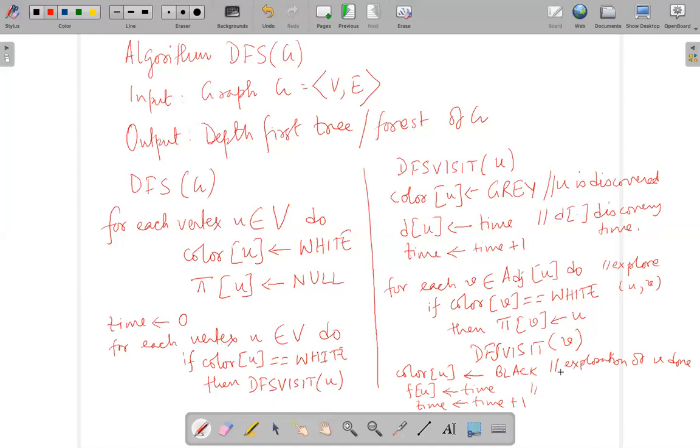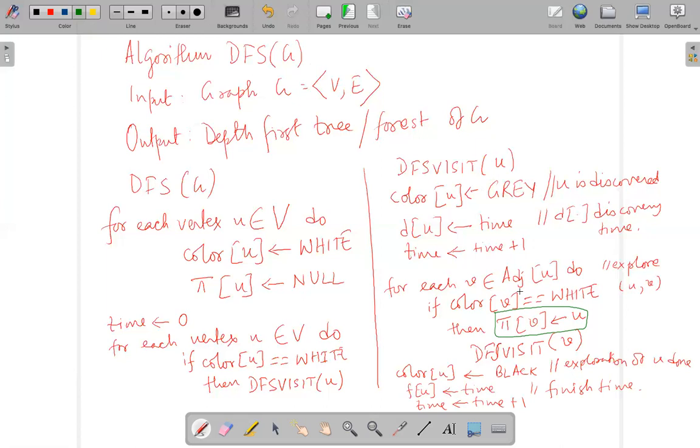So this FU here is the finish time. So now you see, after the complete exploration of the graph, all nodes will become black in color and will have a discovery time as well as a finish time. Okay. And the DFS traversal will be stored in the pi V structure, right? This could be an array, this could be a structure depending on your implementation.